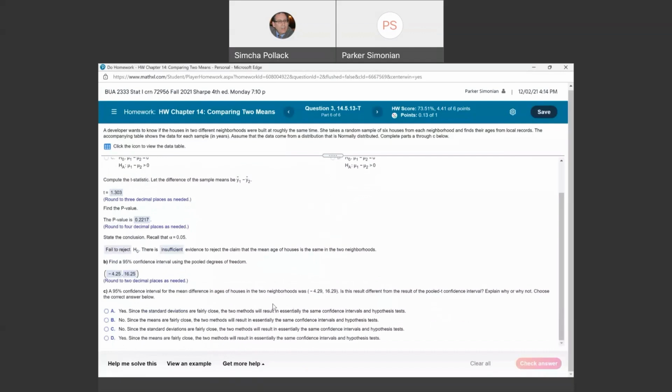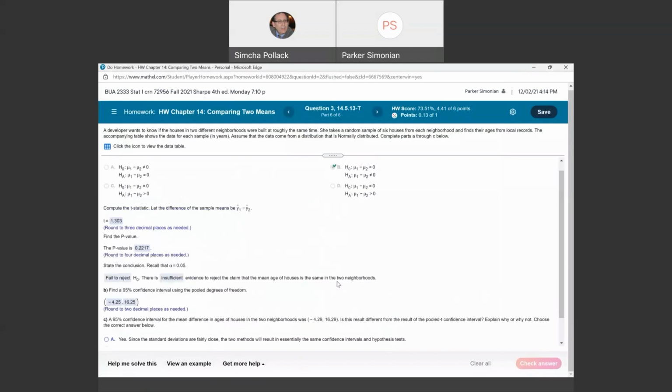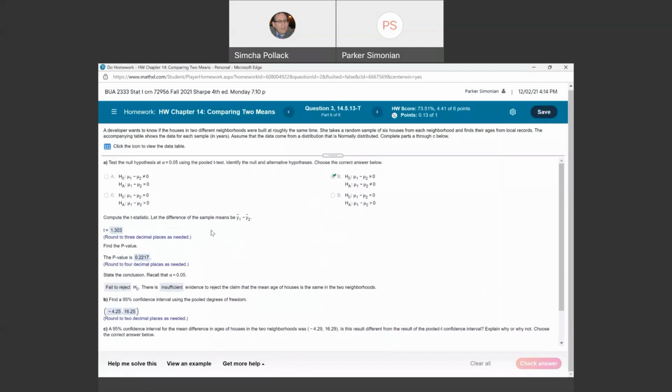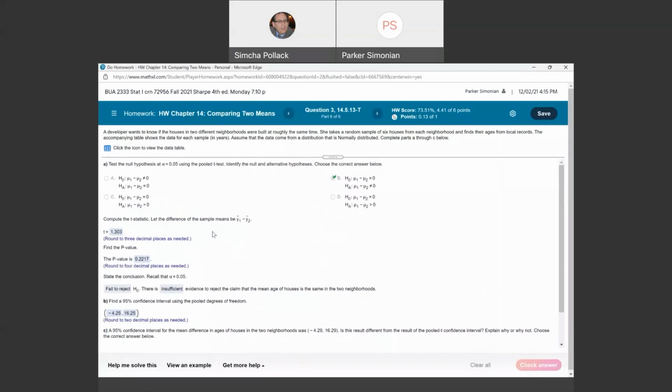Is this result different from the result of the pooled confidence interval? What were they telling us to use, not the pooled? Can you go back? Why are they saying using the pooled? I thought we were doing the pooled the whole time, so I'm not sure what the question is. That doesn't even make sense to me.